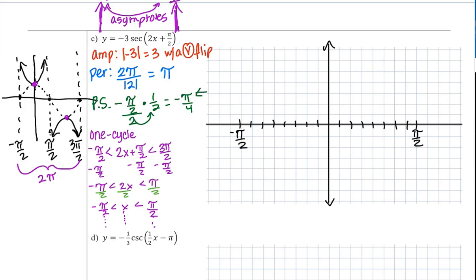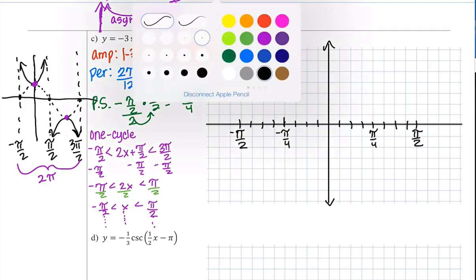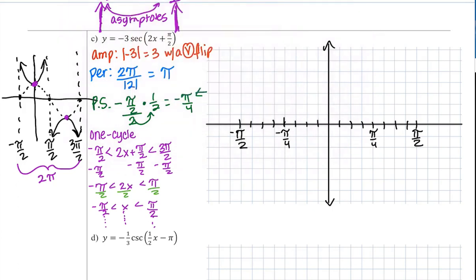So I'm really going to stretch this graph out. I'll only draw one cycle. My amplitude in there of 3. No, I don't want to do that. I want to double. 1, 2, 3.